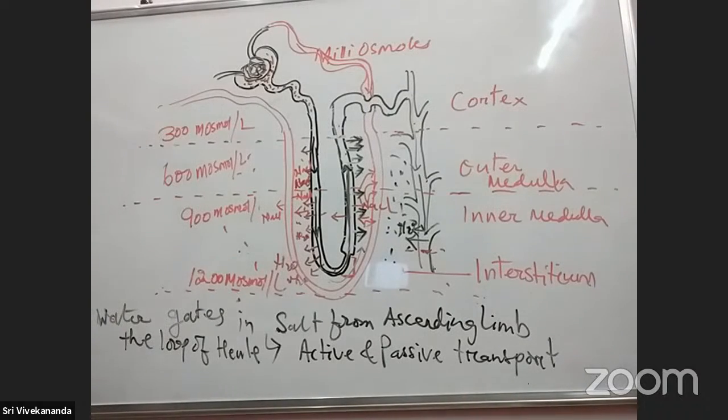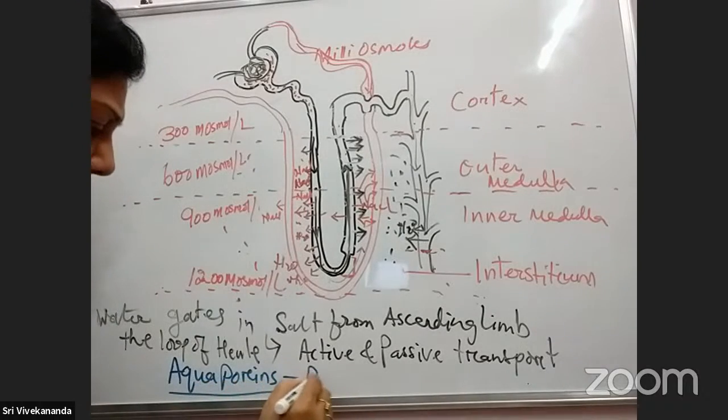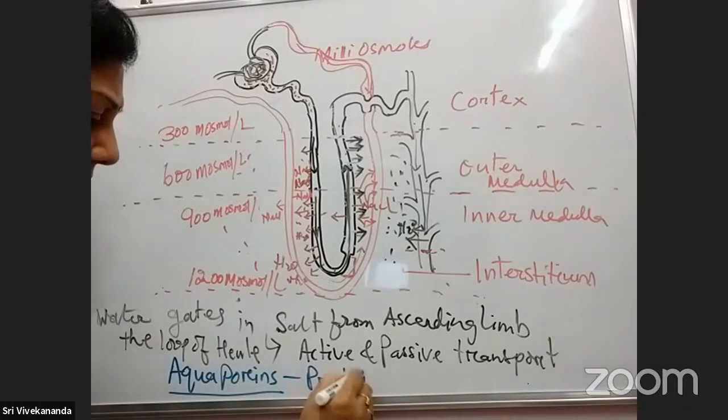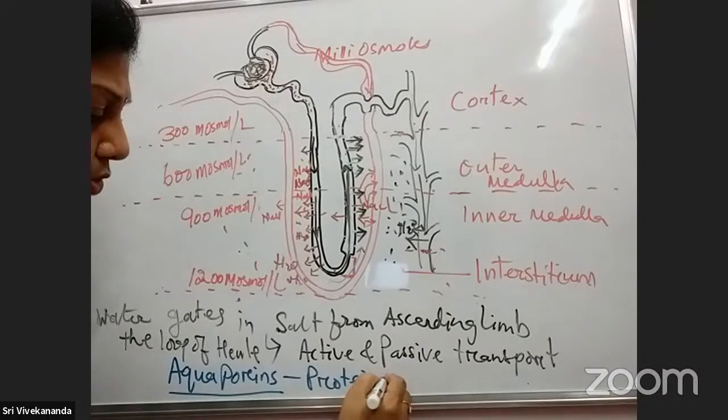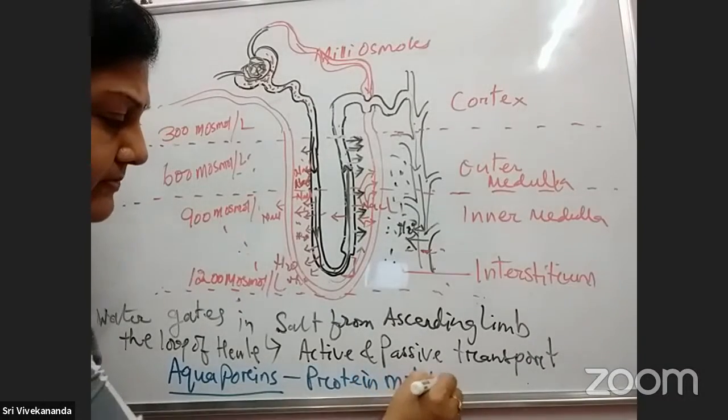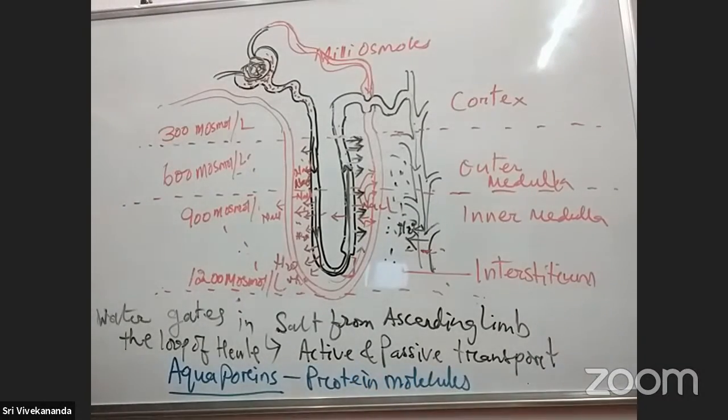The water gates in the loop of Henle are called aquaporins. So what are these aquaporins? These are protein molecules. Aquaporins are the protein molecules.